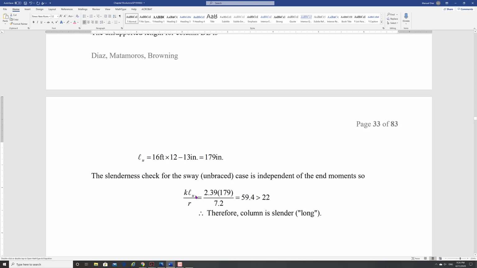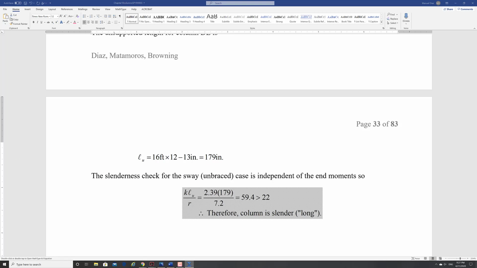And then this one again is 2.29. And so 2.29 times 179 divided by 7.2, and the value is 56.9.